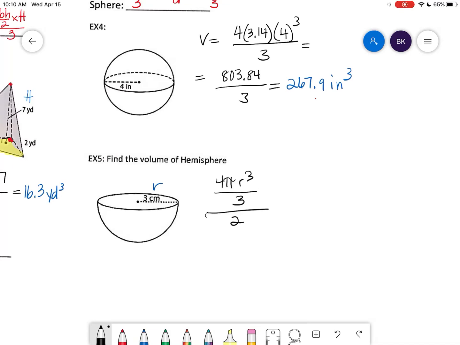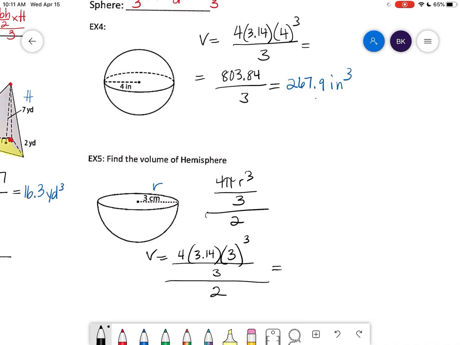So let's just plug this in. Volume equals 4 times 3.14 times the radius, which is 3 cubed. This is going to be divided by 3, and then everything is going to be divided by 2. After you use a calculator, 3 times 3 times 3 is 27, or you can just reduce the exponent of 3 by 1.